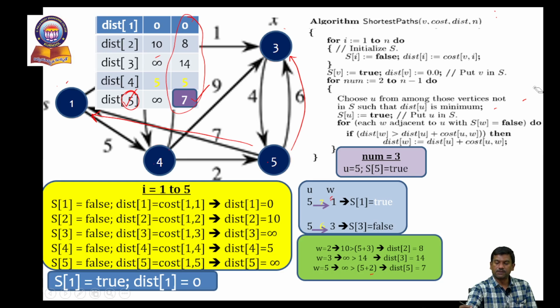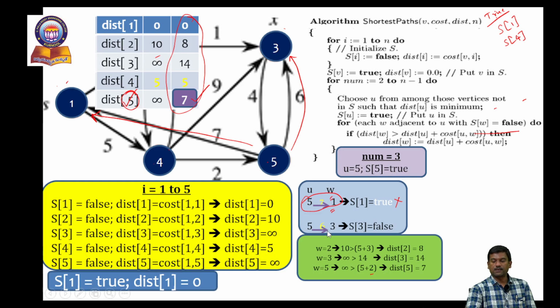In your solution set, S of 1 has been taken as true, and similarly S of 4 has been made true. And you are checking whether S of w is equal to false. What is the value of w? That is 1. S of 1 equal to false is not a true condition. So you should not take this into consideration for your next steps to be executed.